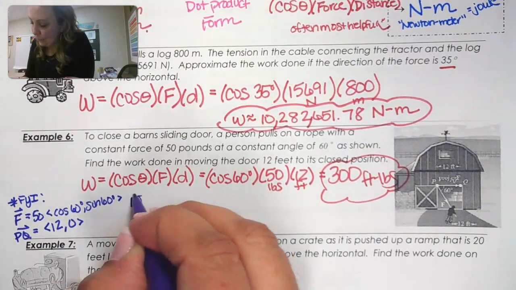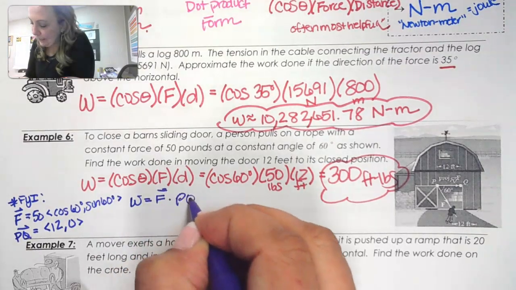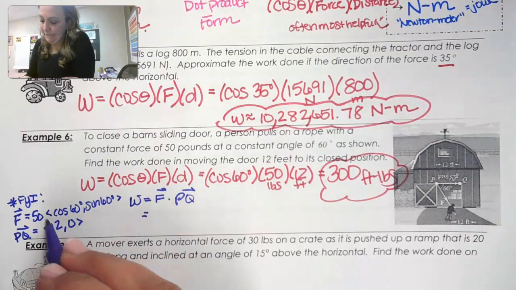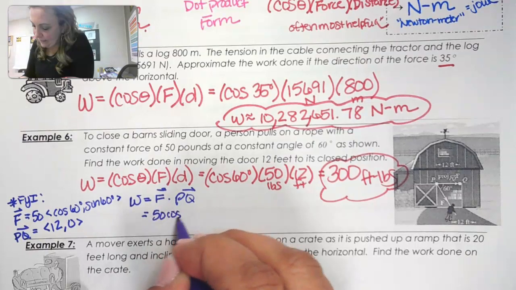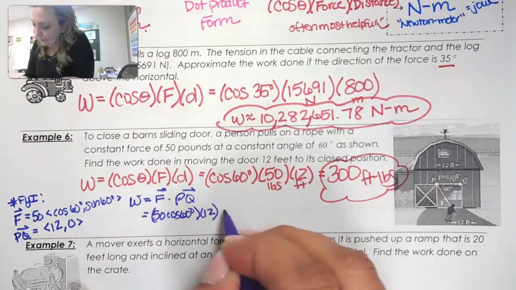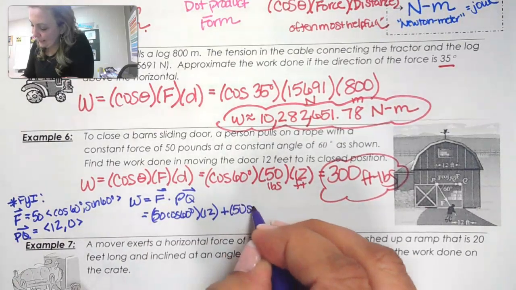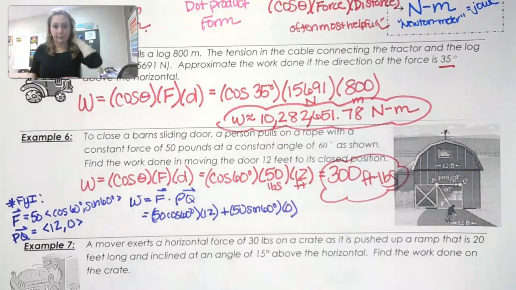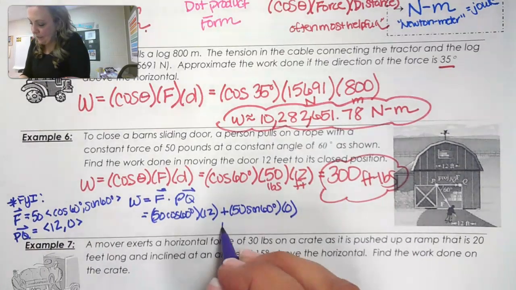So we can say that the work is going to be F dot PQ. And we know that that would be 50 times the cosine of 60 degrees times 12 plus 50 times the sine of 60 degrees times 0. So again, this just ends up being 0.